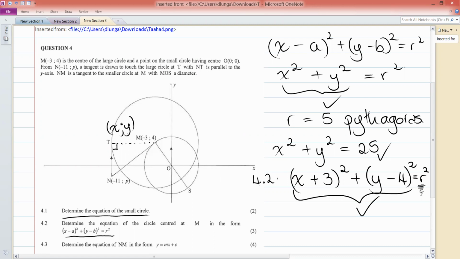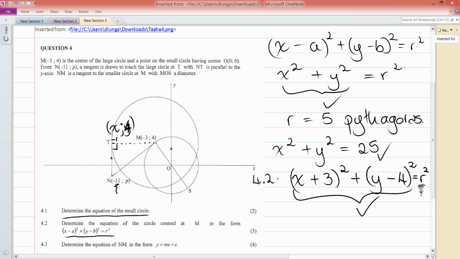Would the y values be the same for M and T? Perfect. Thank you, Jack. So y is going to be the same. So here at this point, y stays the same, right? Now, what do you think the x coordinate is going to be for T, for that coordinate? Negative 11? Perfect.